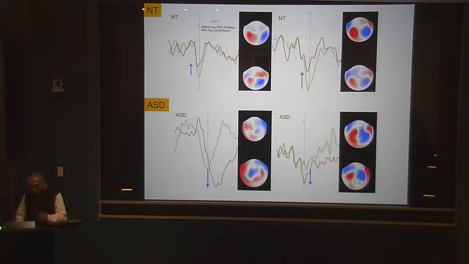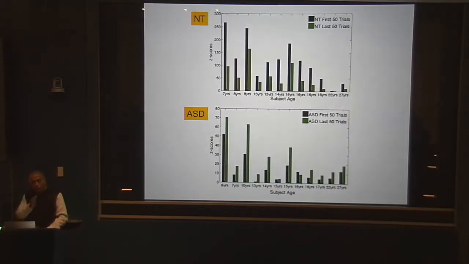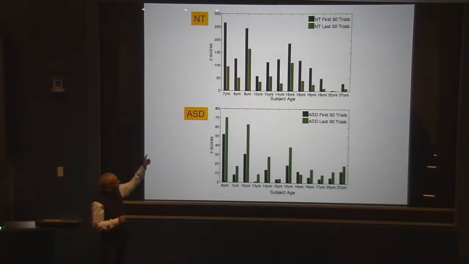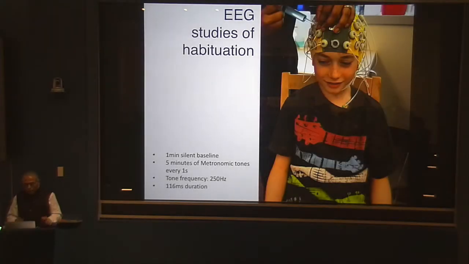And again, if you plot the data across all of the subjects, what you're seeing here is the average amplitude at the beginning of the sequence and the average amplitude towards the end, black versus green. With the neurotypicals, you see that amplitude decreases, whereas with the autistic subjects, you see that amplitude increases. Finally, EEG.